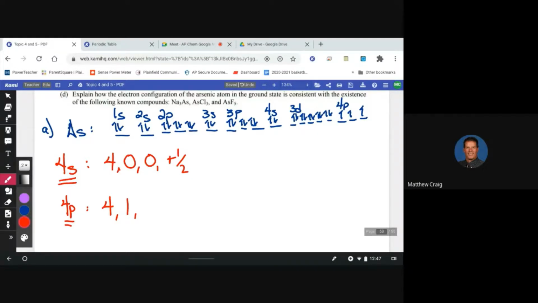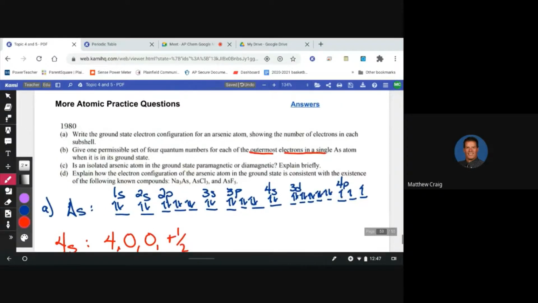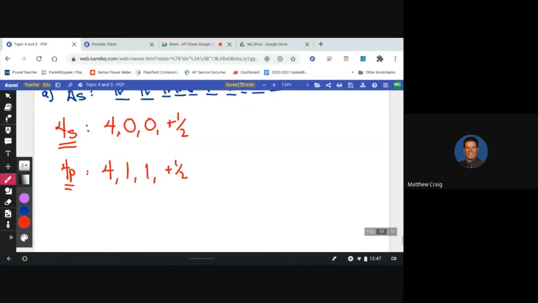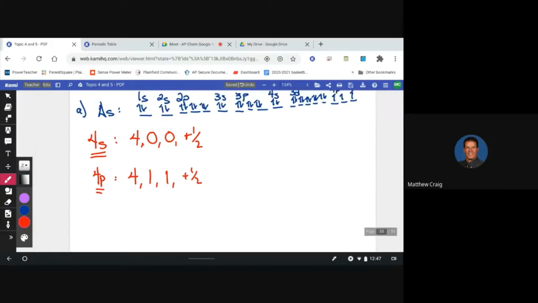Could be negative 1. Could be 1. Could be 0. Just for kicks and giggles, I'll put 1. It says a permissible set. Okay. So we wouldn't put the 3d because that's not the outermost. The fourth is the outermost. Whew, that was rough.